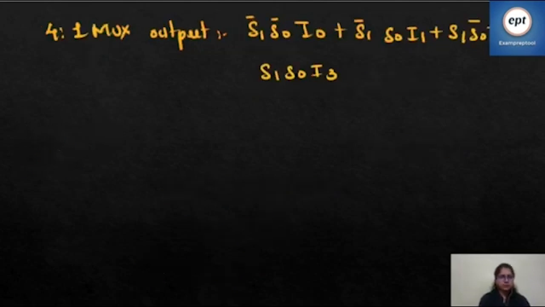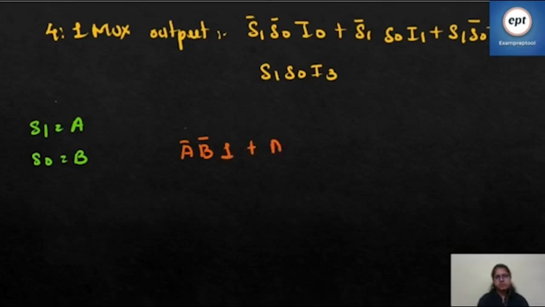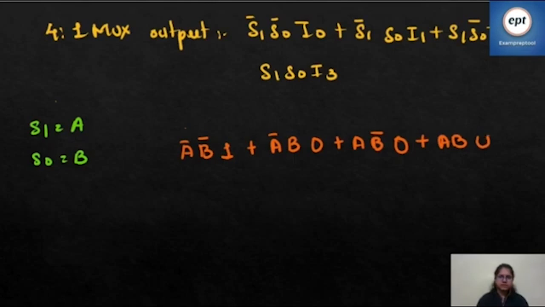So let's see for the option B. So our S1 was A, our S0 was B. Okay, so let's look for this. So let's put, now here again it will be A bar, B bar, and this time I0 is given as 1, plus it will be A bar, B, and I1 is given as 0, plus again it will be A, B bar, I2 is given as 0, and in AB here I3 is given as 0.